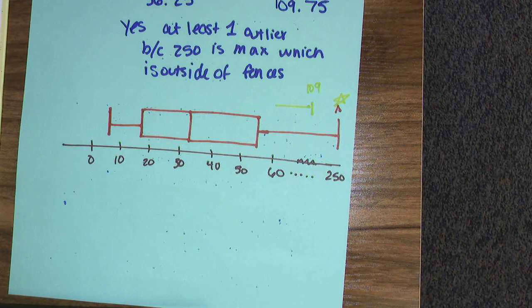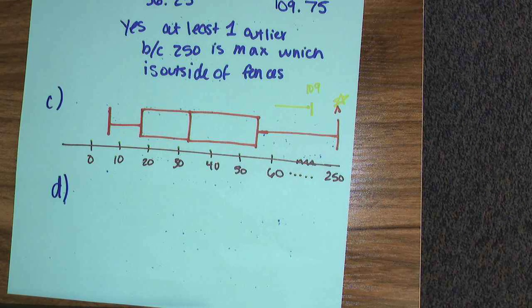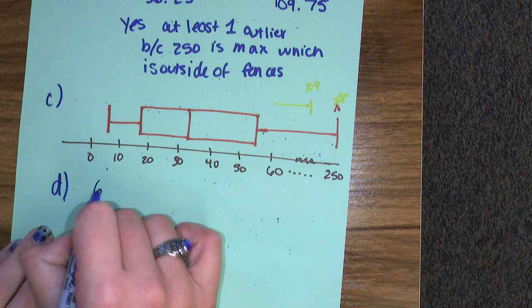The last thing, write a few sentences about the sizes of the vineyards. Yeah, so they go down as low as 6, as high as 250, so 6 to 250 acres.